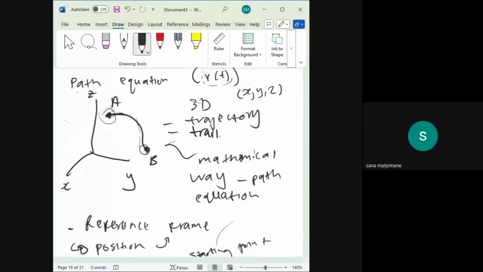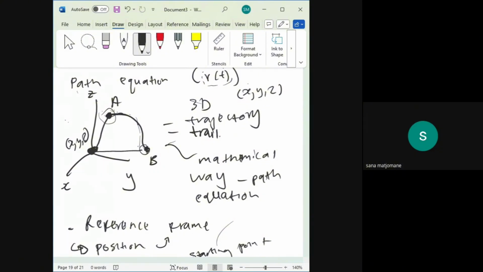Usually in most cases, we take our origin as our reference frame. When I want to measure the position of the object at A, I measure it from my reference frame. Now, when it gets to B, it went to another position, so to measure it, I go back to my reference frame and measure the position from there.